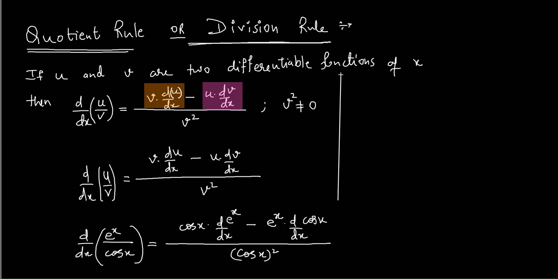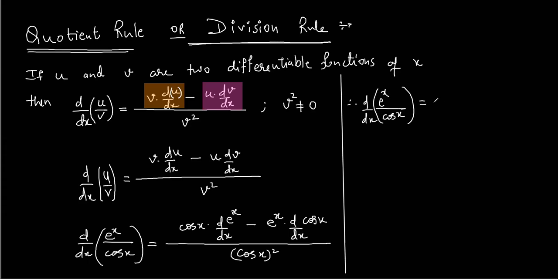Now what will happen next, students? Therefore d by dx of e raised to x upon cos of x is equal to cos of x times e raised to x minus e raised to x times minus sine x. You know d by dx of cos of x is minus sine x, and d by dx of e raised to x is e raised to x.